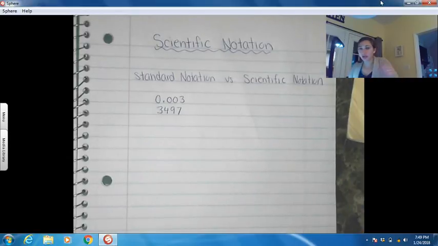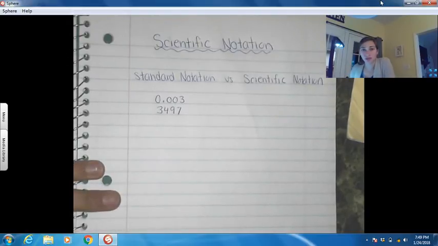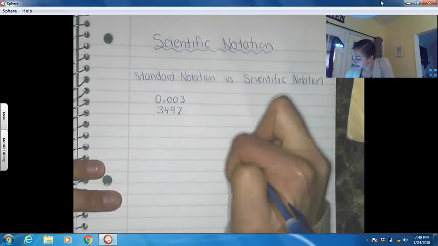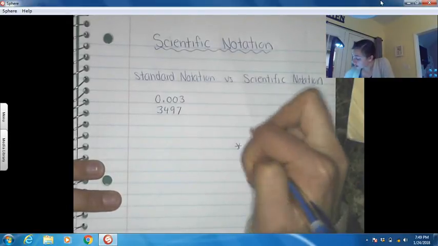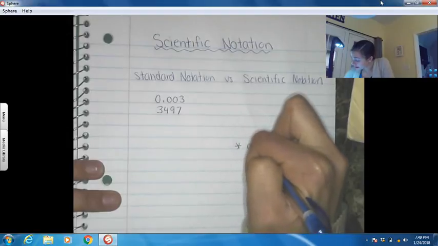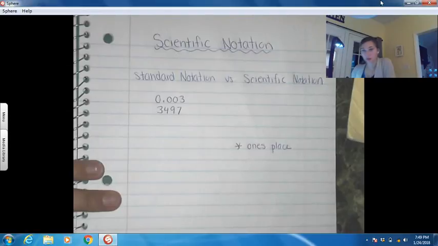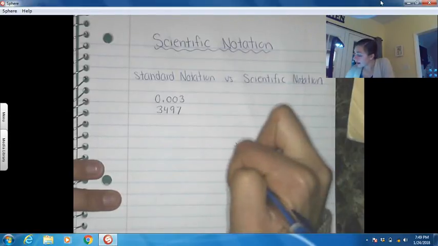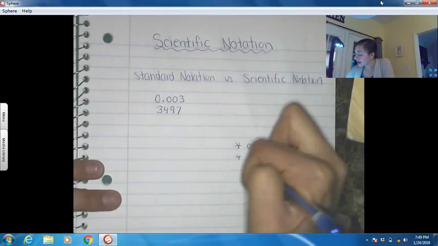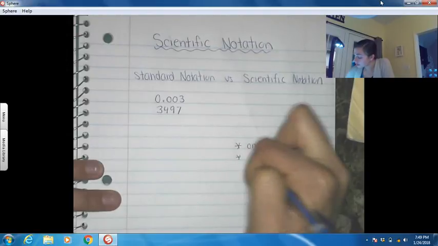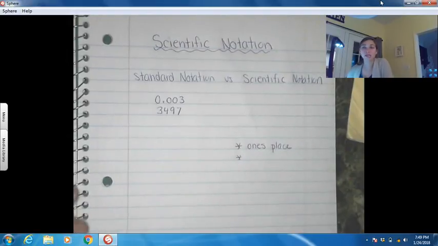There's a very specific format for scientific notation. The first thing is that scientific notation can only have a ones place. And then it could have as many decimal places as necessary.